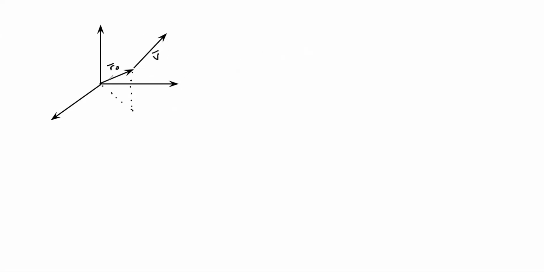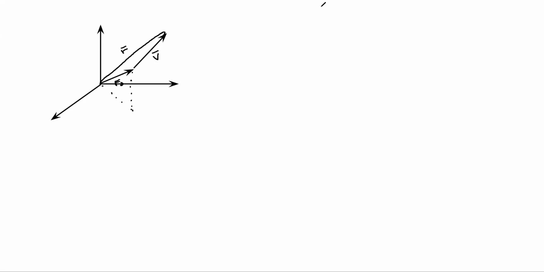And so if you take r naught and add v, let me move our r naught here. It's kind of in the way. It's going to end up being in the way when we go the negative direction. But if you take r naught and add v, you'll end up getting that vector there, which would be r.